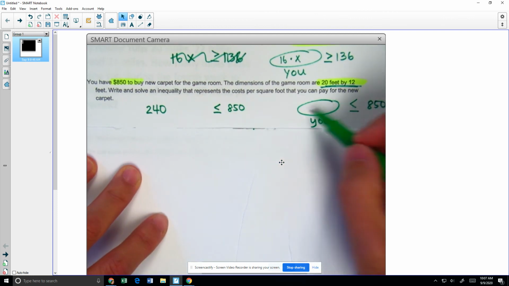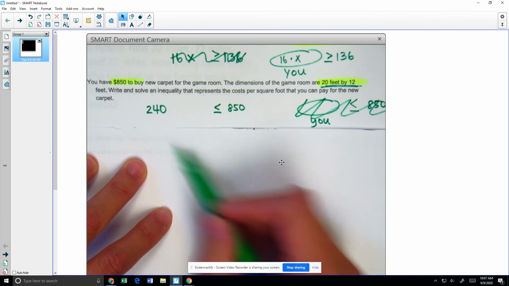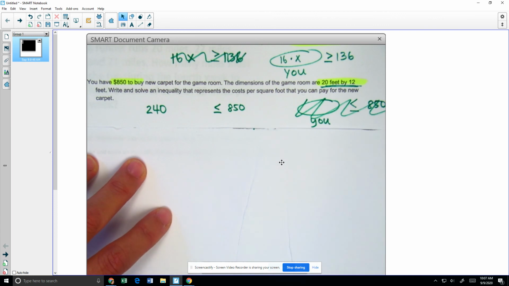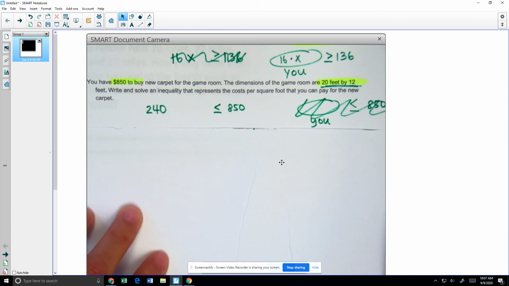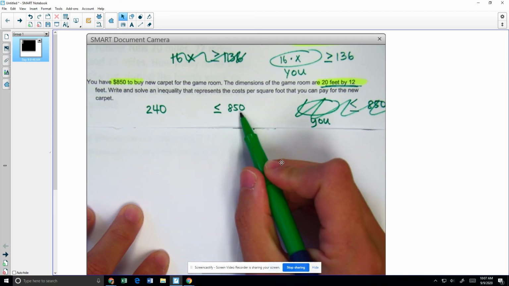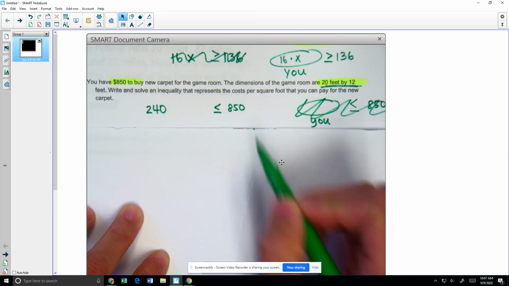Okay, so far we're almost done. You need to put an x somewhere, whether add or divide or multiply. So what do you think? 850x. So 850 is your total, so you don't want to multiply by something else.